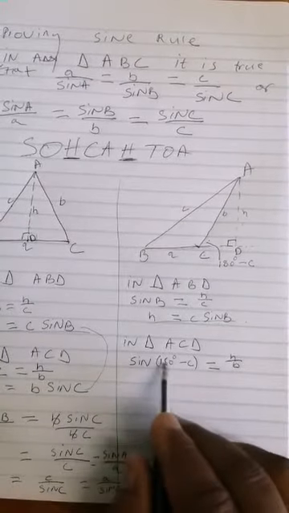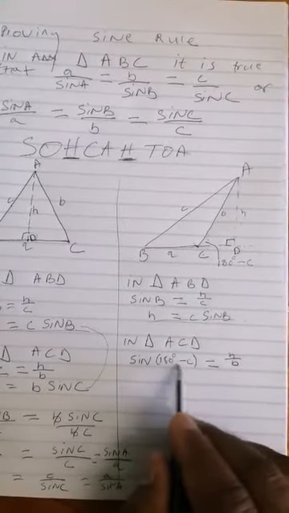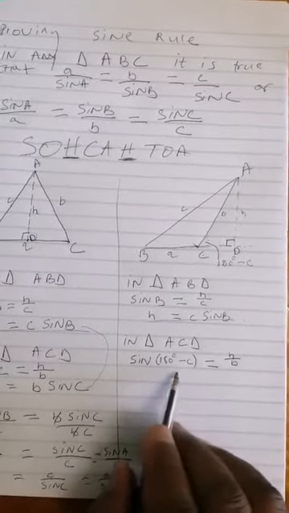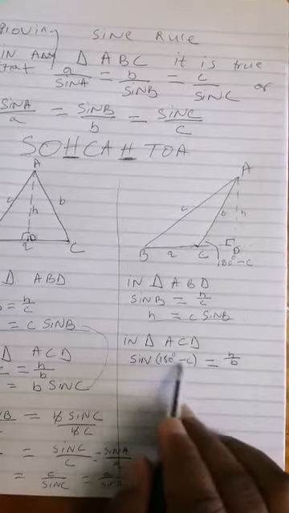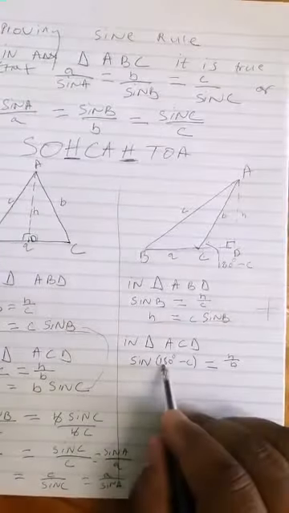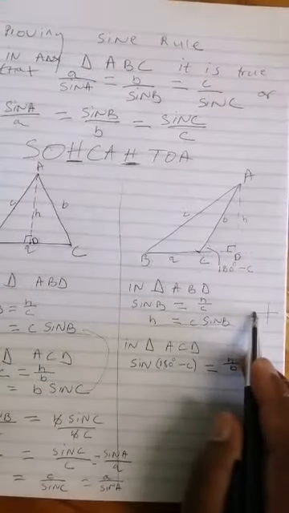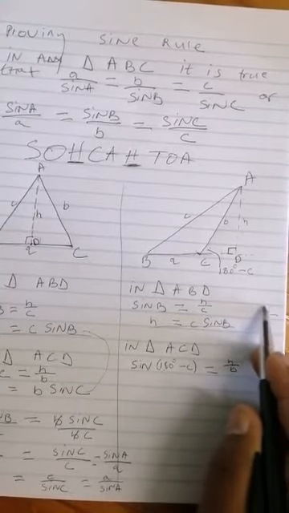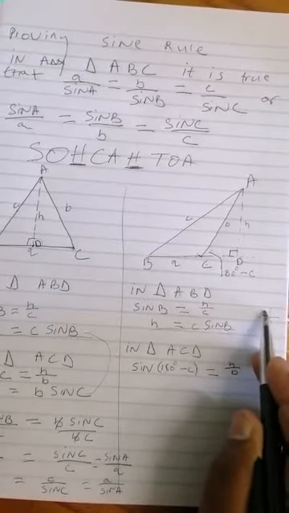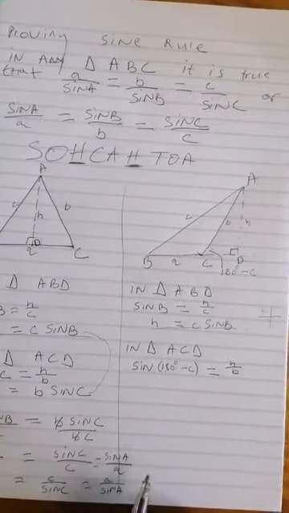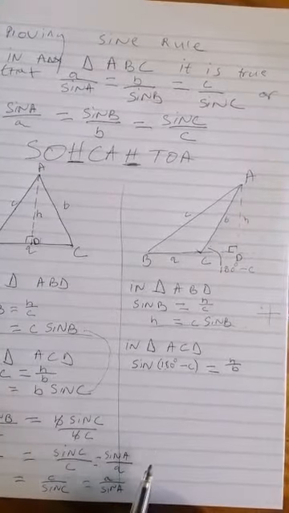And then check this. Remember the reduction formulas? Still on trigonometry, you did them in term 1. Which quadrant is this? 180 degrees minus C will take you to the second quadrant, and sine is positive in that second quadrant.